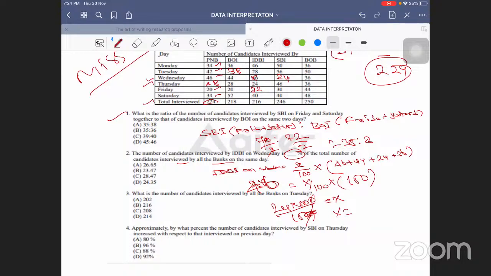So the answer is around 24.6 something, I think. Answer D is the answer.